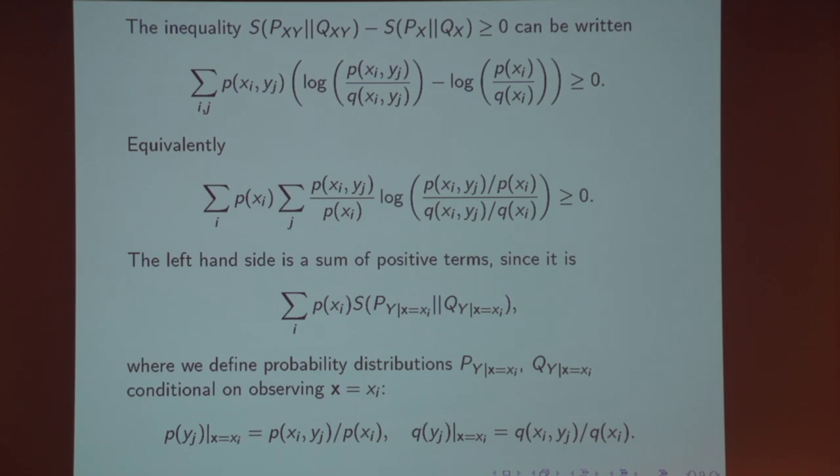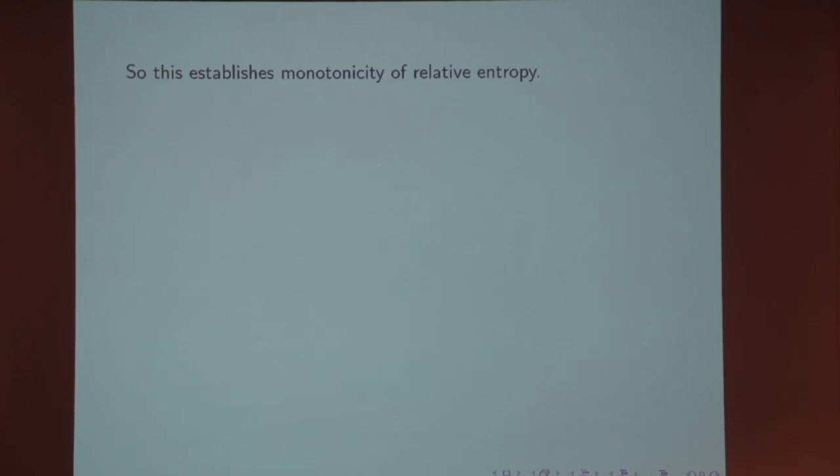So you might need to think this through later, more carefully looking at the slides, but if you define the conditional probabilities for y that you would use once x is observed, then what we're trying to prove is positive is a sum with positive coefficients of a conditional entropy between two conditional probability distributions for y given x. So that establishes monotonicity of relative entropy.